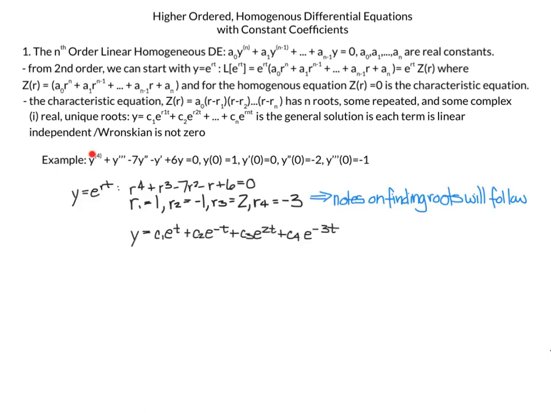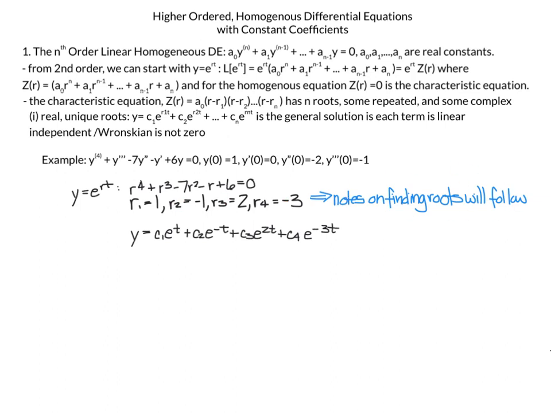Like the second order differential equation, we assume the form of the solution is y equals e to the rt, and then we have the similar characteristic equation. Here we have r to the 4th plus r to the 3rd minus 7r squared, since it's y double prime, minus r plus 6 equals 0.